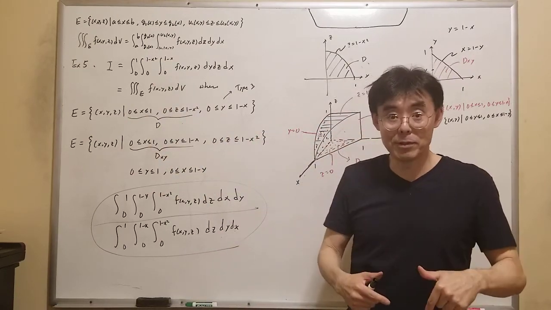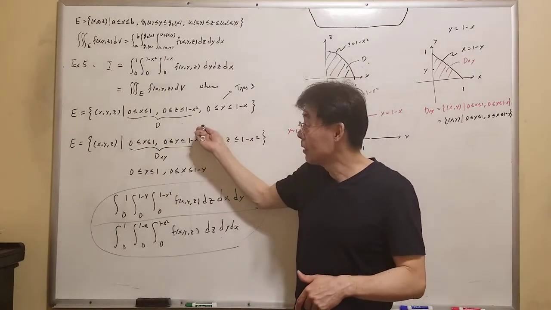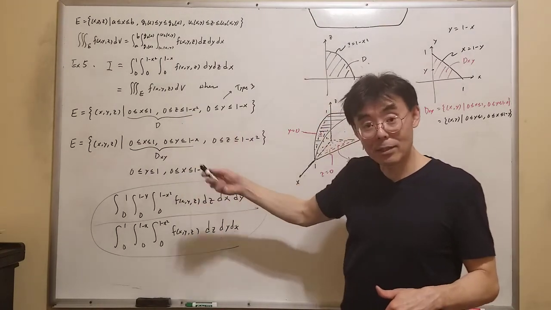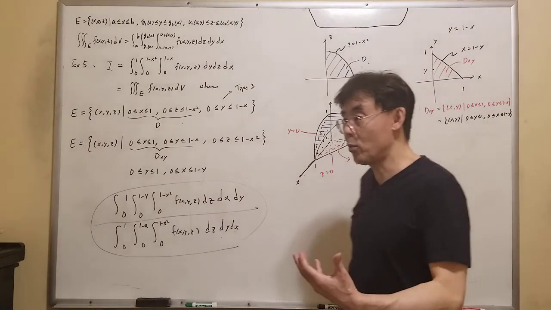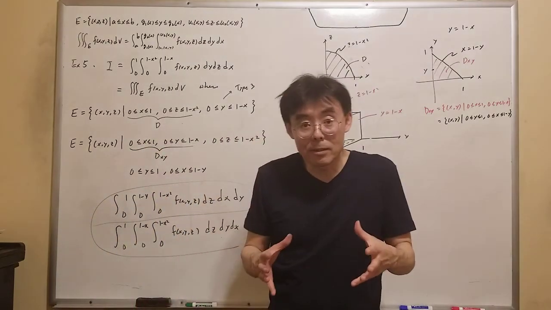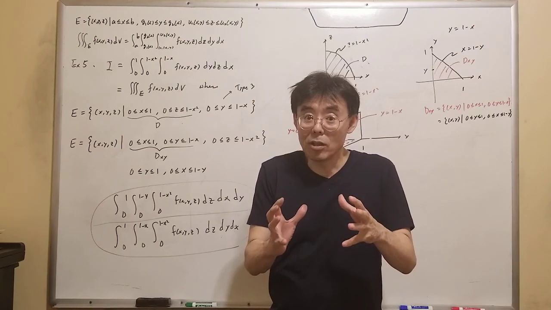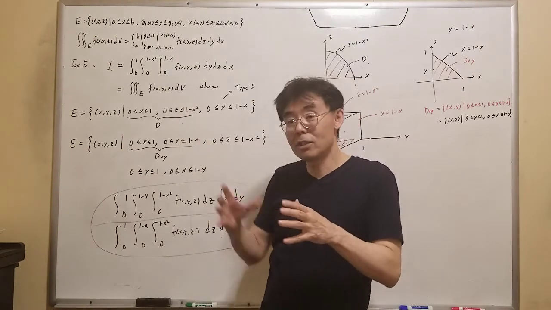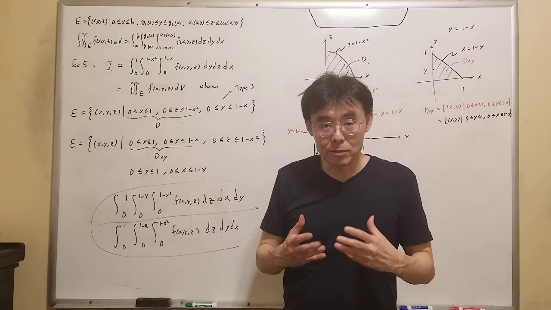This is the opposite process. After you figure out the solid, you rewrite it as a different type. So the challenge of chapter 12, especially this triple integral, involves understanding a three-dimensional solid in your mind through the description. This is one of the biggest challenges in Calculus 3.